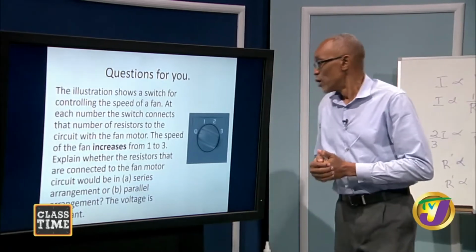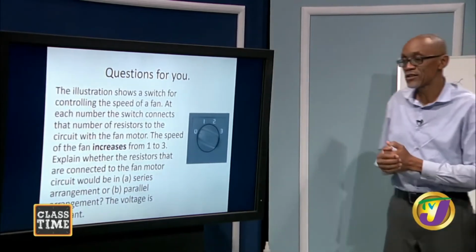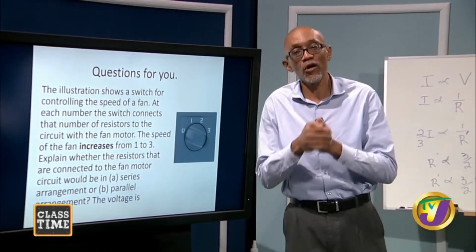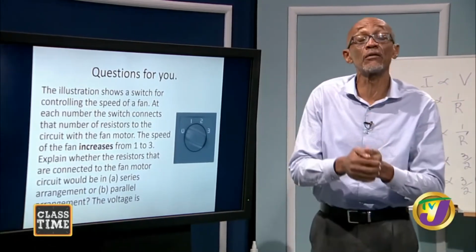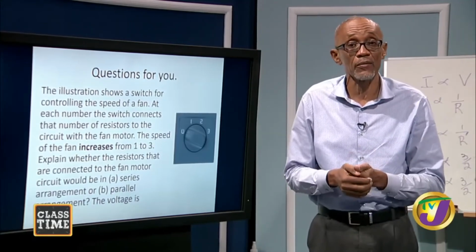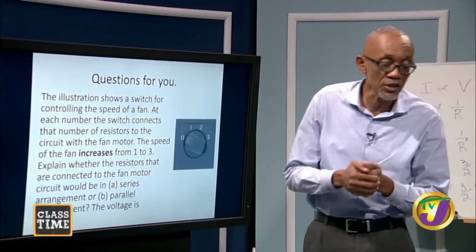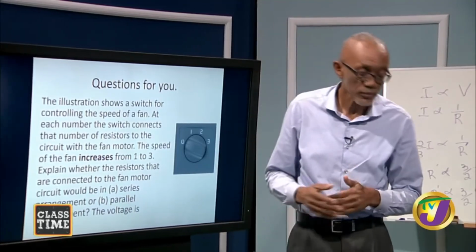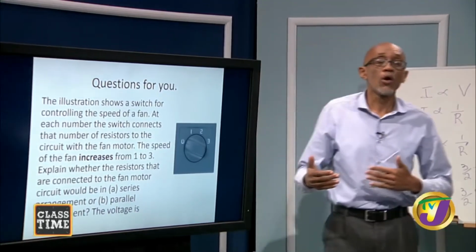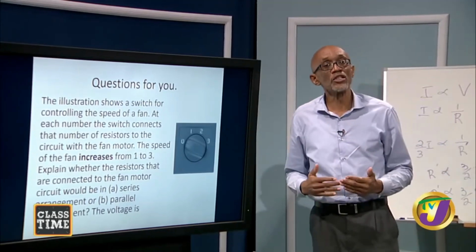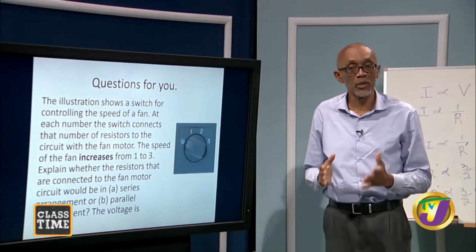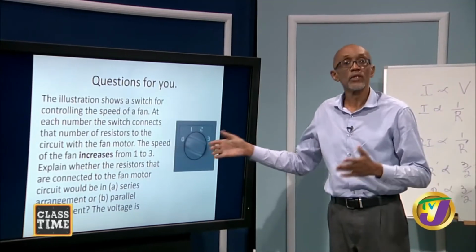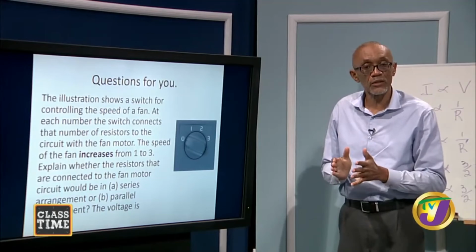All right? Now, if the fan is to increase in speed, it means that the current through the motor must be increasing. Okay? So, how must these resistors be placed if when I click from 1 to 2, the current increases?